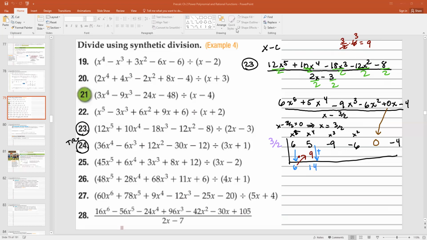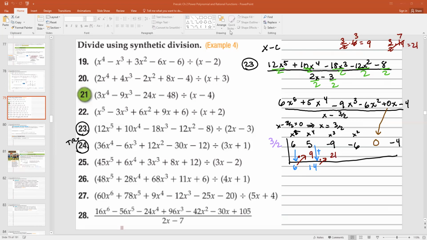And then multiply 14 times 3 halves. You could do 3 times 14 first and then divide by 2, but that's going to give us a pretty big number, 42. That's not too bad. But here, let's divide by 2. 14 divided by 2 is 7. 3 times 7 is 21.